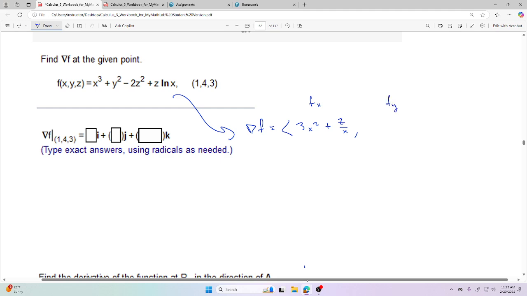F sub y. What's my derivative in terms of y? That's it? Too easy. Then F sub z. There you go, minus 4z, and then yes plus ln of x. Very good.